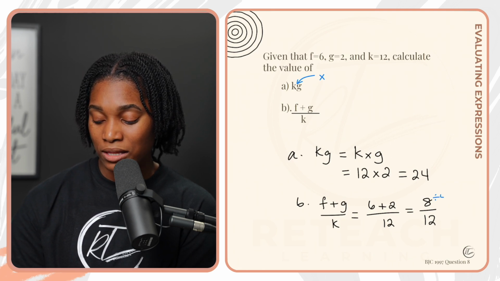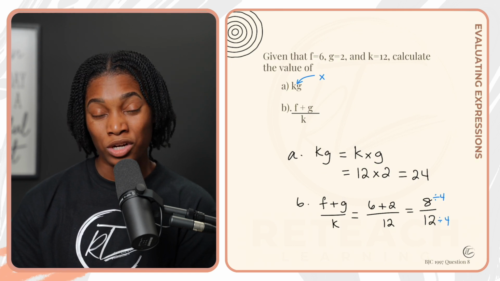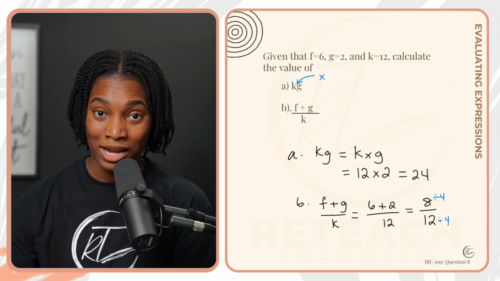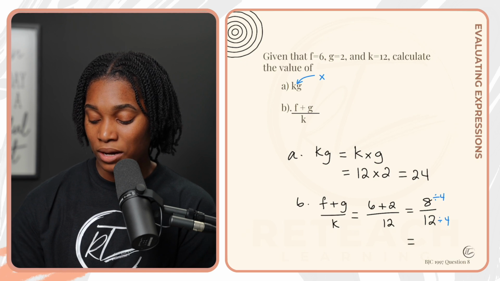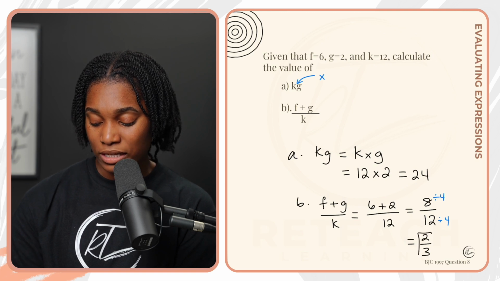So I'm going to divide the numerator by 4 and the denominator by the same number. Some students tend to divide the numerator and denominator by a different number, but you don't want to do that when you're reducing a fraction. You want to use the same number. So 8 divided by 4 is going to be 2, and then 12 divided by 4 is 3. So my answer in this case is 2 over 3.